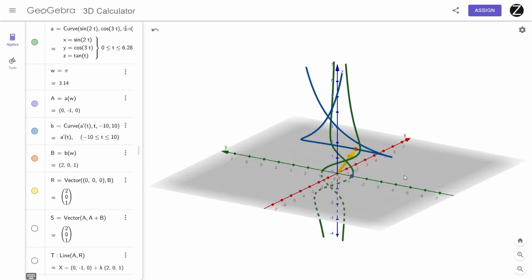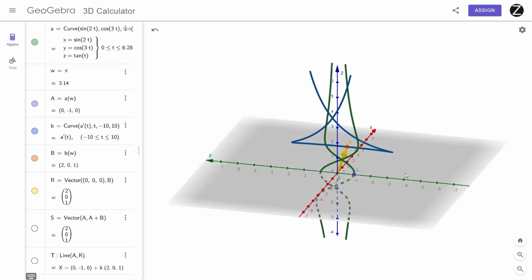So, let's draw a vector with that exact slope, starting at point A.